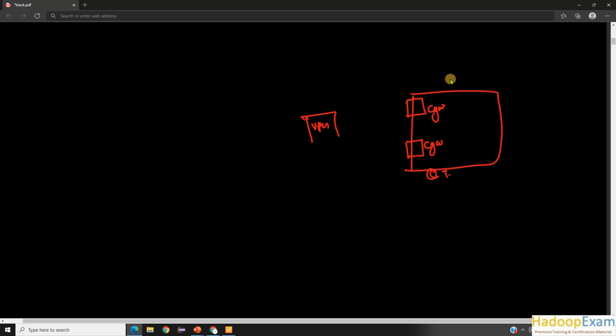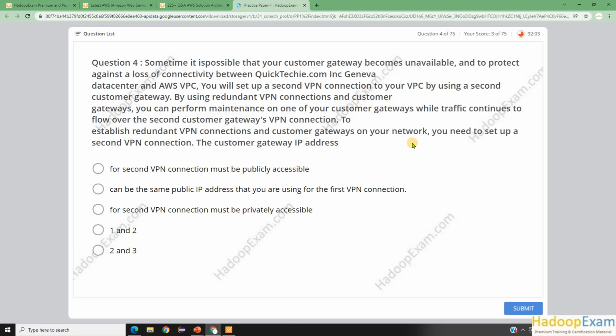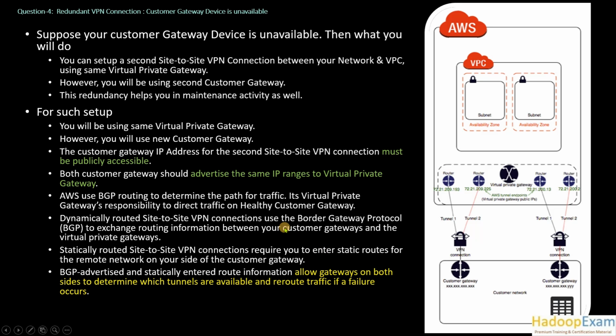So you define two customer gateways for redundancy and only one virtual private gateway in AWS, and you make a connection with this and with this for redundancy purposes. If for any reason this customer gateway goes down, then this would work as the second. So to do this configuration, the customer gateway IP addresses should be what? Let me first explain here, then we will go to the options and discuss more.